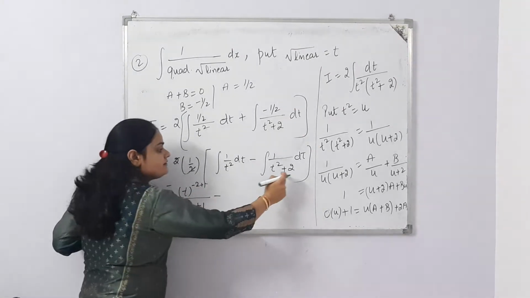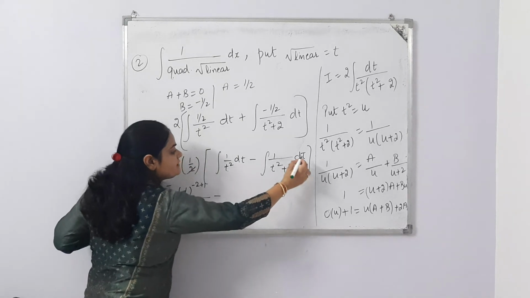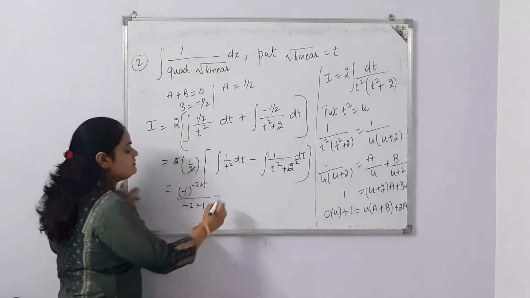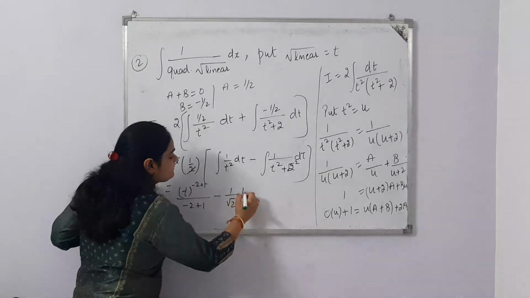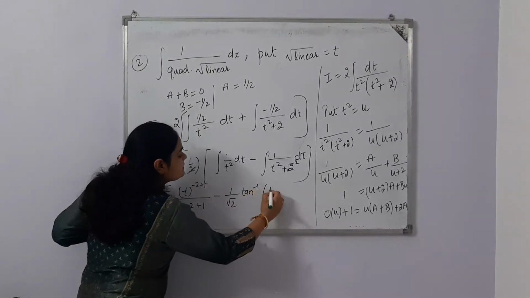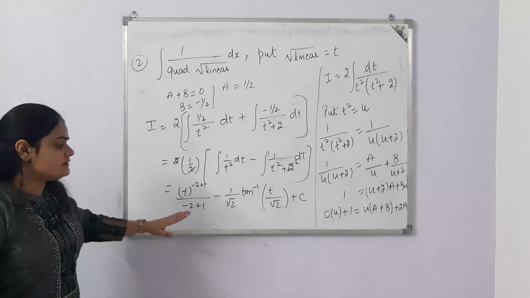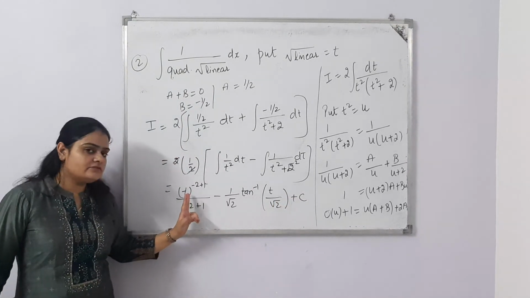For 1 upon x square plus a square, the formula is applicable if we write 2 as under root 2 square, which is 1 by a tan inverse x by a plus c. So this is the answer in terms of the variable t.